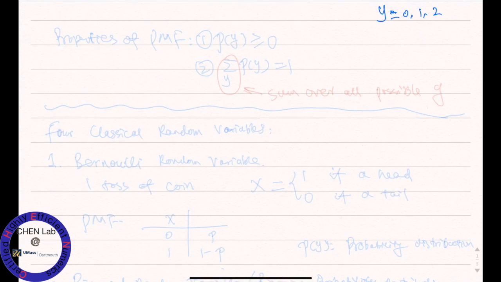The properties of PMF, as you probably have thought about it already. So these P of Y, those are probabilities. So they should always be non-negative, right?